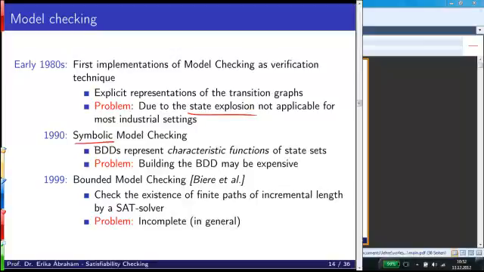One possibility are BDDs. These are binary trees such that you can encode n states by log n variables. You can also encode functions by BDDs.